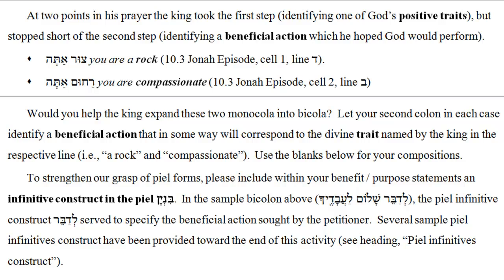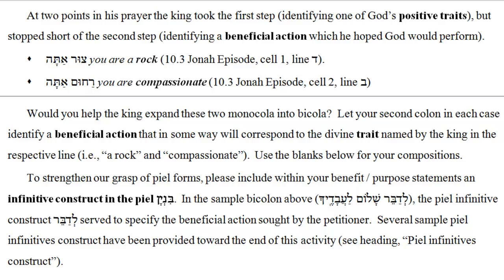Your task is to help the king expand these two monocola into bicola. Do it in such a way so that in each case the second colon, that is the one which you will be generating, will identify a beneficial action that in some way will correspond, will flow from the divine trait named by the king in the first line of that bicolon.